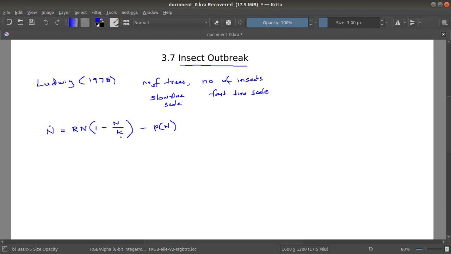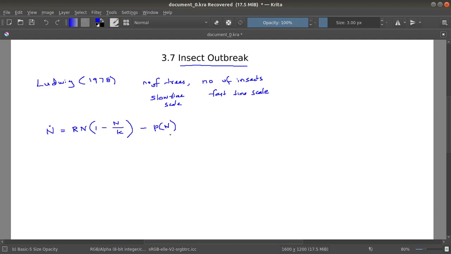But compared to the change in n, the change in K is not that much, because of this assumption that it's a slow time scale and this is a fast time scale. So we are going to do this analysis further by keeping this K value constant, or like a control parameter.